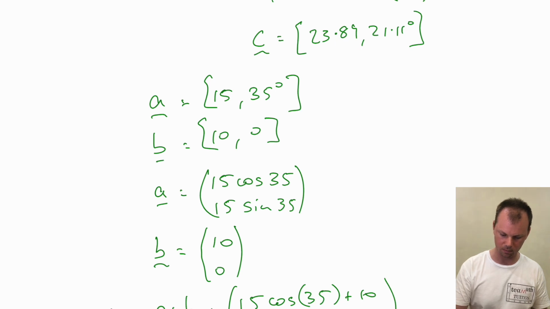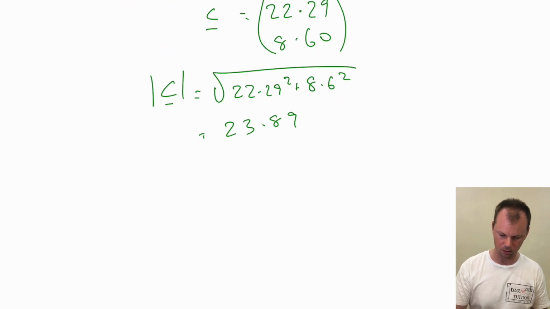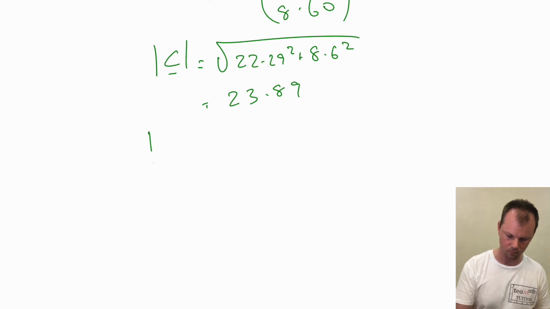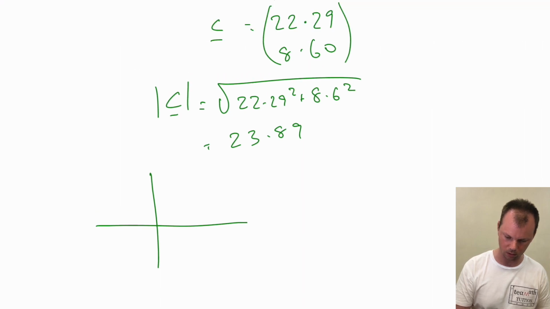Yep, it's the same, so 23.89. Let's get our angle. So what do we have? We've got 22.29 across, 8 up.